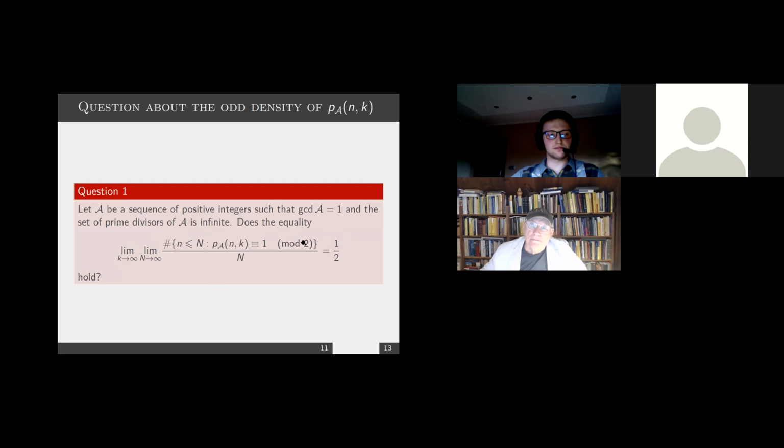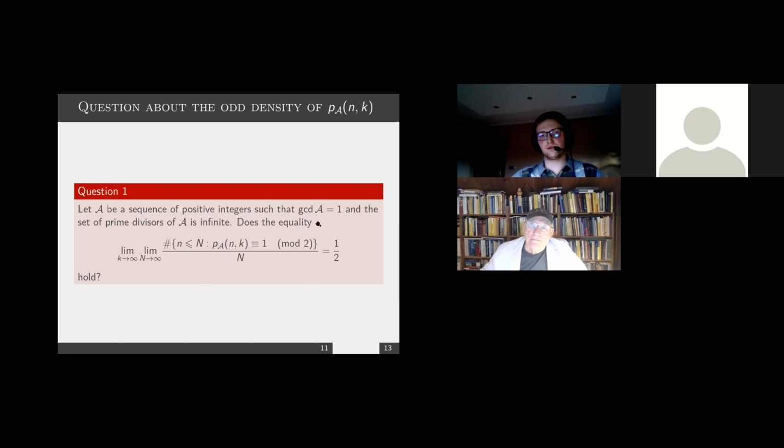And as a bonus, I have additional computation in which I replace 2 by m, for m equals 3, 4, and 5. And I consider only the case in which the sequence A is a sequence of consecutive square numbers.